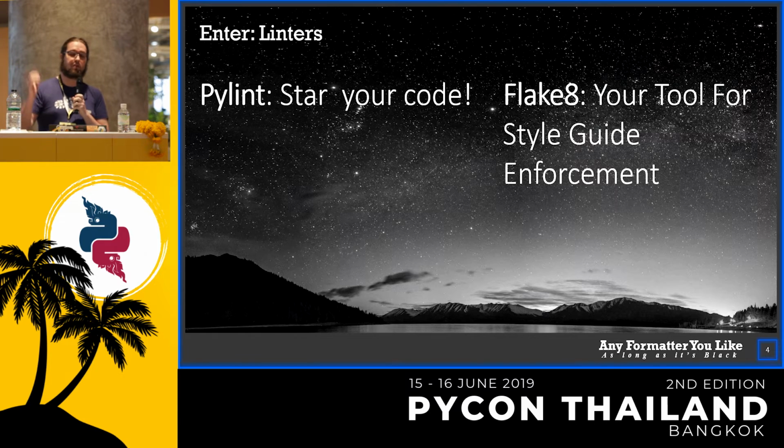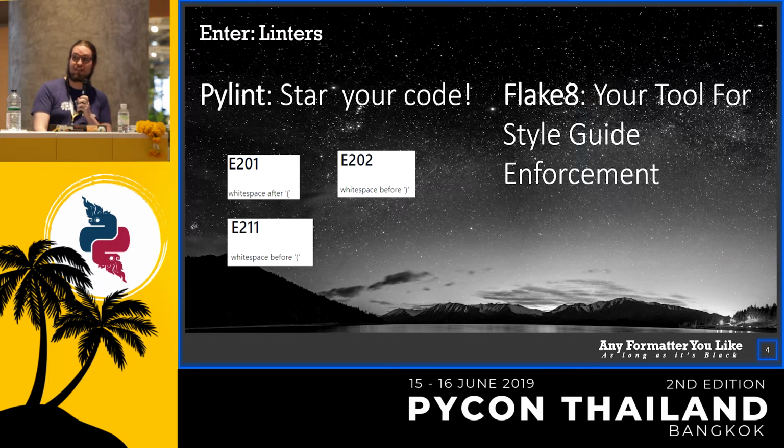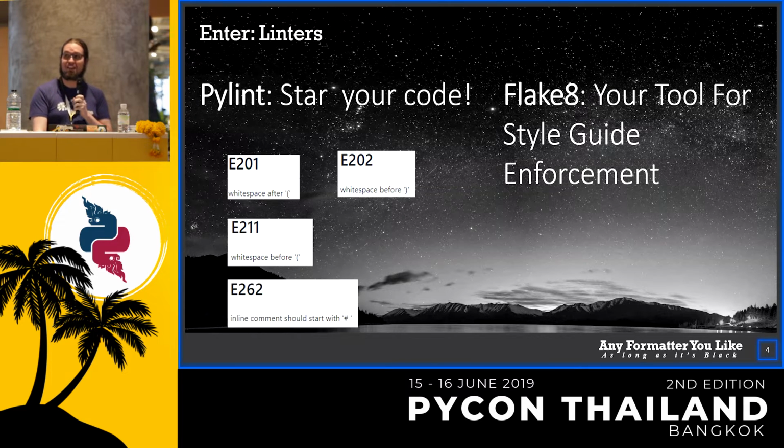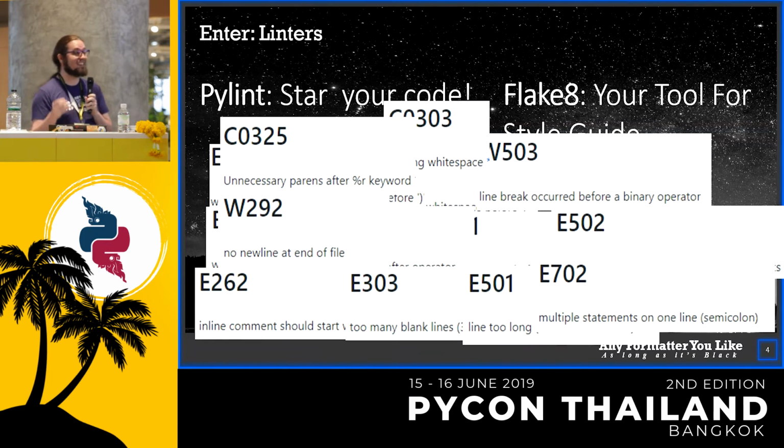And these two specific linters actually implement a bunch of lint rules related to code formatting. They warn you if you put white space before closing brackets sometimes. They warn you if you put white space after opening brackets sometimes. They warn you if you put white space before opening brackets sometimes. And the list goes on and on, right? So this is kind of terrible. Linters basically try to enforce your code style by taking a bunch of large objects and bludgeoning you to death with them. It's not ideal.